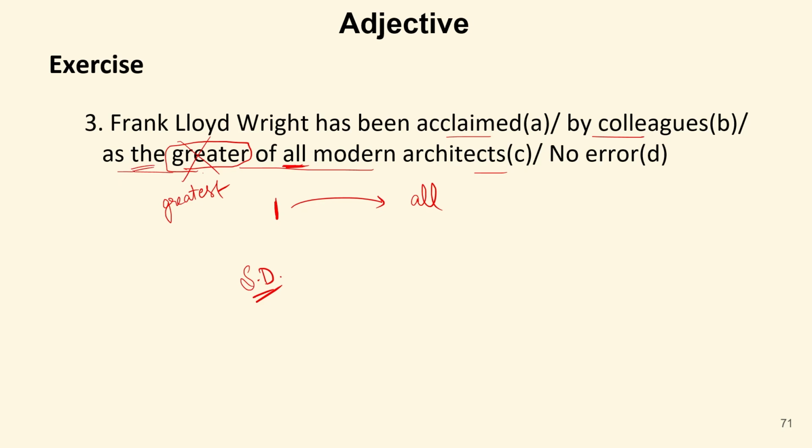Also, we use the, that is the definite article, only before the superlative degree of adjectives, not with the comparative degree of adjectives. So the correct sentence will be: Frank Lloyd Wright has been acclaimed by colleagues as the greatest of all modern architects. We should keep one thing in mind, that we cannot use all other. We have to use only all. We cannot use other with the word all. With any we can use any other, but with all we cannot use all other.